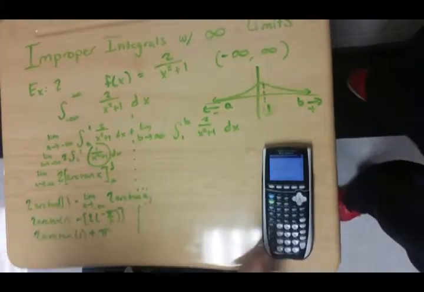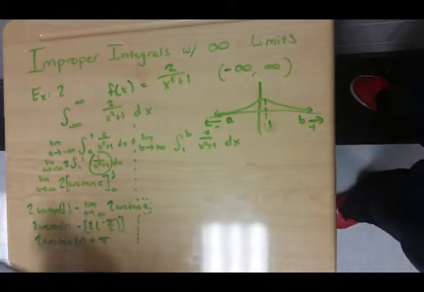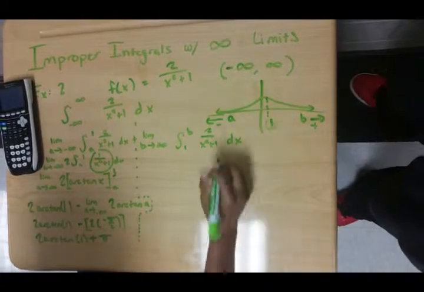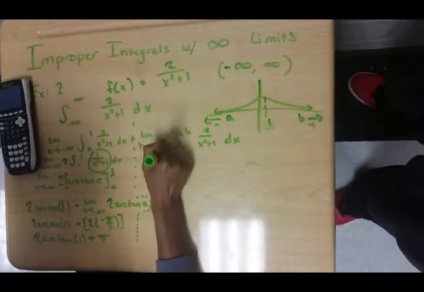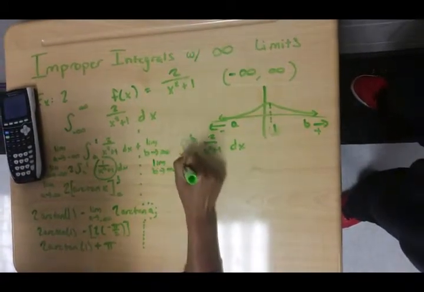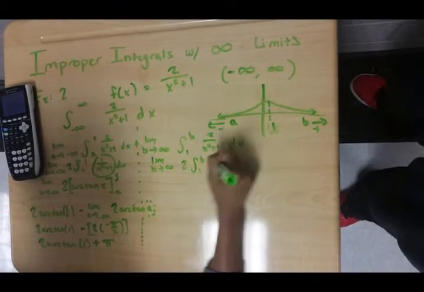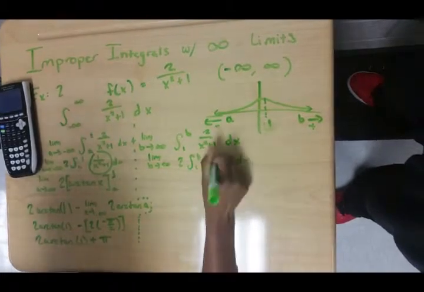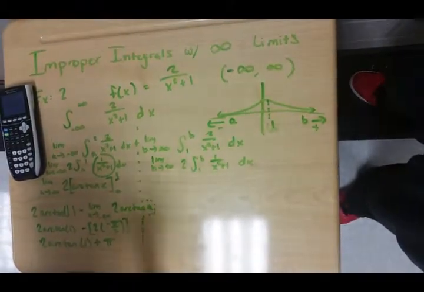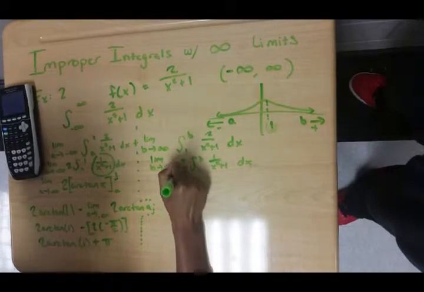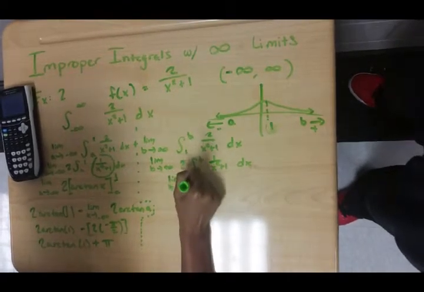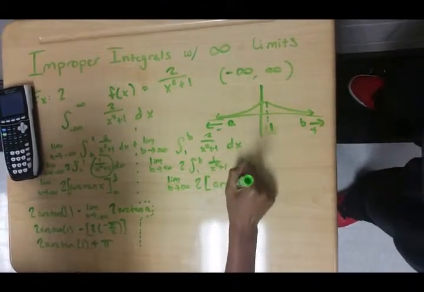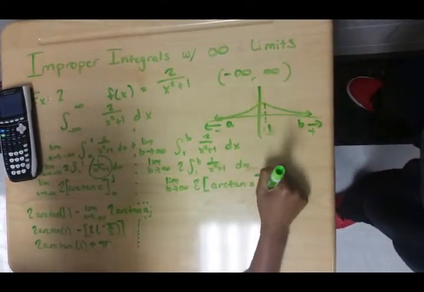Okay, now that we have that side solved, let's come over to this side. Like I said, you can pull the 2 out to the front, so the limit as b goes to infinity of 2 times the integral from 1 to b of 1 over x squared plus 1 dx. The antiderivative is arctan. So the limit as b goes to infinity, 2 is constant and can stay on the outside, times the arctan of x from 1 to b.